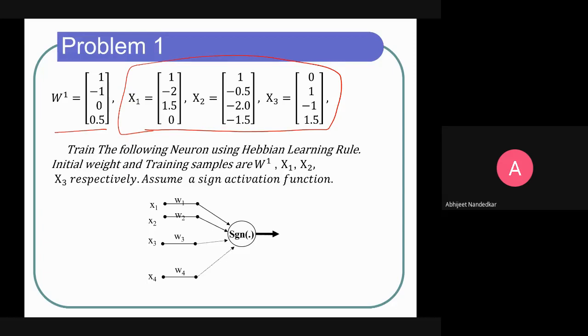Now the question is, train the following neuron using Hebbian learning rule. Initial weight and training samples are W1, X1, X2, X3 respectively. Assume a sign activation function.